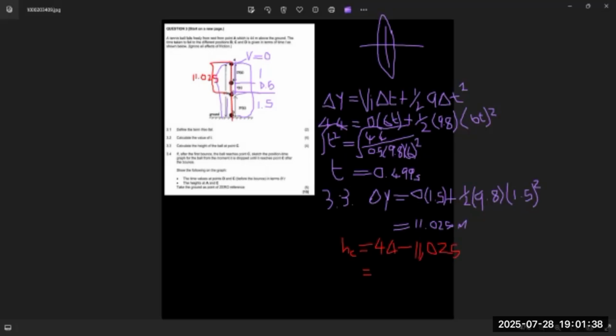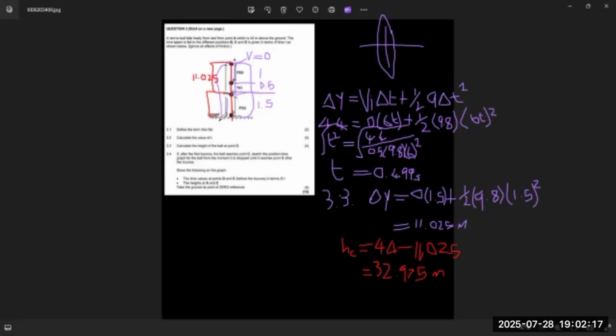Then our answer should be 32.975 meters. That's the height at point C.